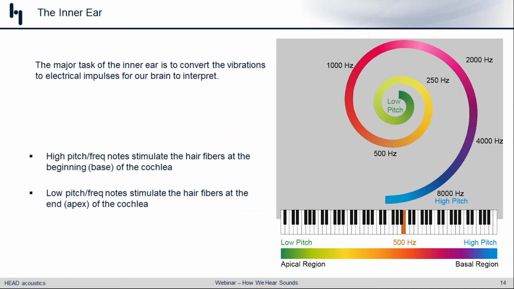Now, if we move into the inner ear, what I would like to draw your attention to is the fact that our cochlea is that snail-type organ, and if we were to stretch out the basilar membrane in a linear fashion, you'd end up with something that mimics a piano keyboard, where the high-pitched notes are all going to stimulate the hair fibers on the basilar membrane really just at the entry point of the cochlea, but they don't travel that far down.